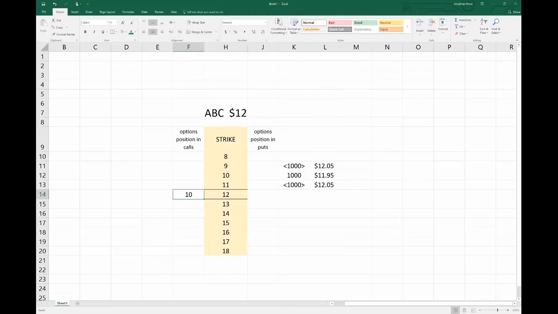But what I really want to show with this example is that at expiration, the worst thing that we could have is the stock closes at 12.